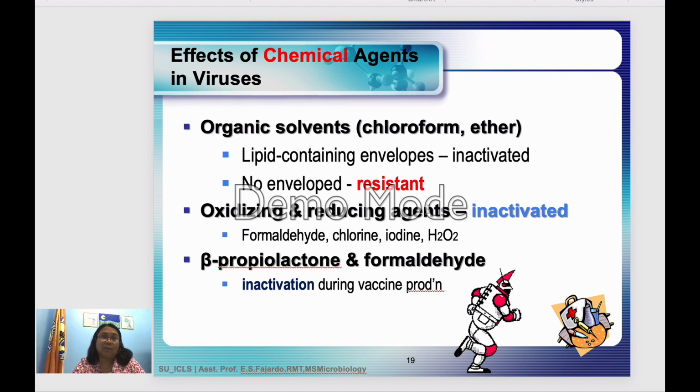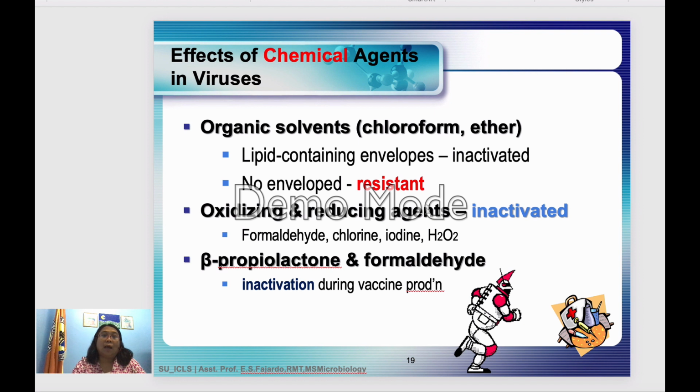This is the most effective inactivating agent for viruses, although in humans, formalin at an absolute concentration like 40% is already toxic to humans, especially the fumes. So that's why in the laboratory we just use 10%, but the 10% cannot guarantee that we deactivate the virus, especially if there are many in the tissues.